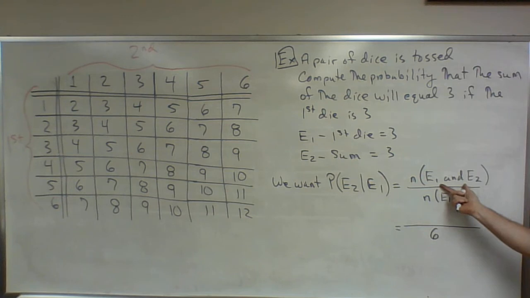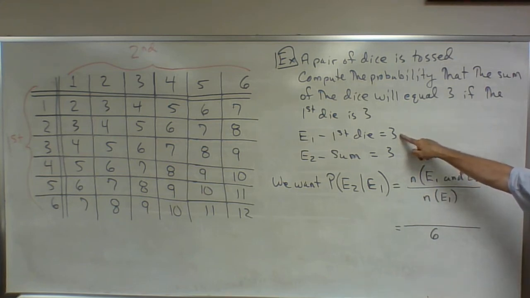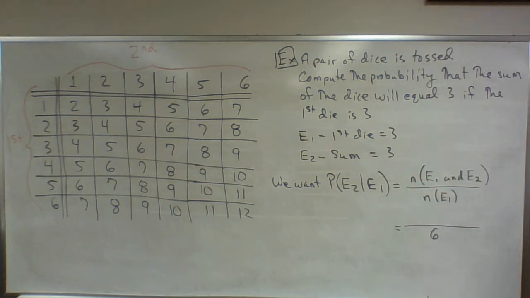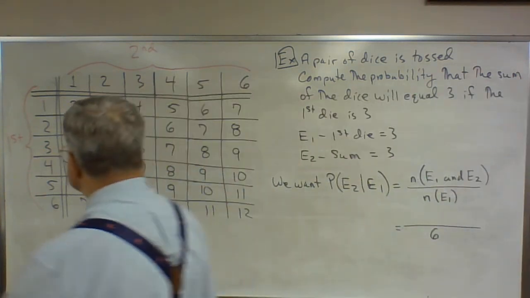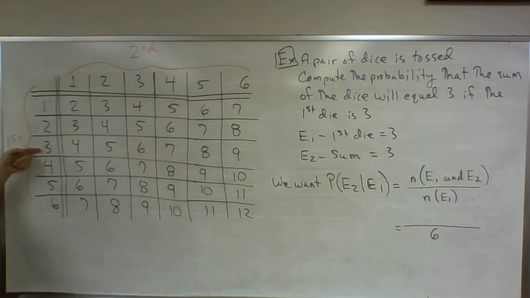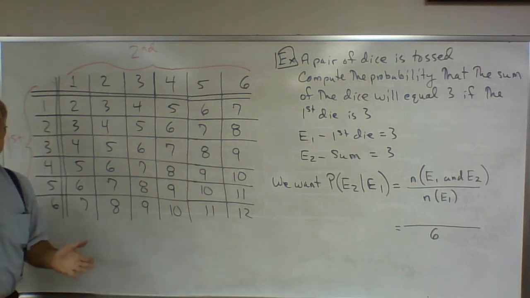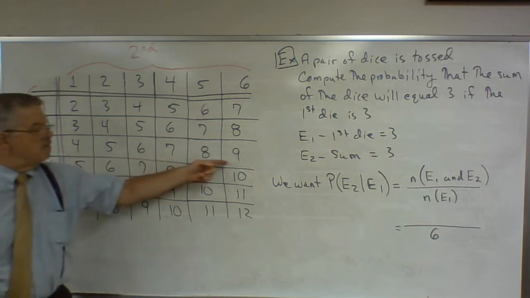Now, what about the number of ways in which we get E1 and E2? How many ways can the first die equal 3 and the sum of the two dice equal 3? If the first die equals a 3, then the sum either has to be 4, 5, 6, 7, 8, 9. Did we see 3 anywhere in this row?